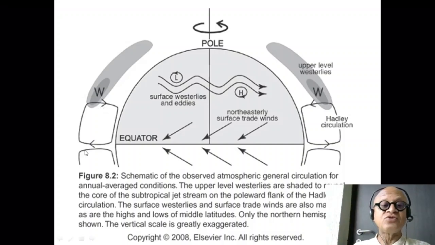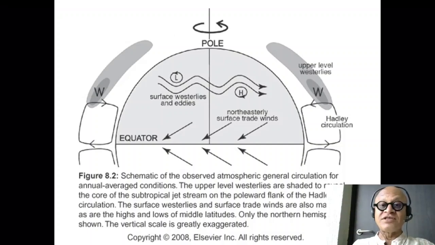The Hadley cell is obviously doing a direct energy transfer, right? Whereas beyond that, we are not showing any cells here. We're showing strong westerlies in the upper atmosphere, and the westerlies extending almost all the way towards the poles. There are very weak polar easterlies which are not even shown here, right?